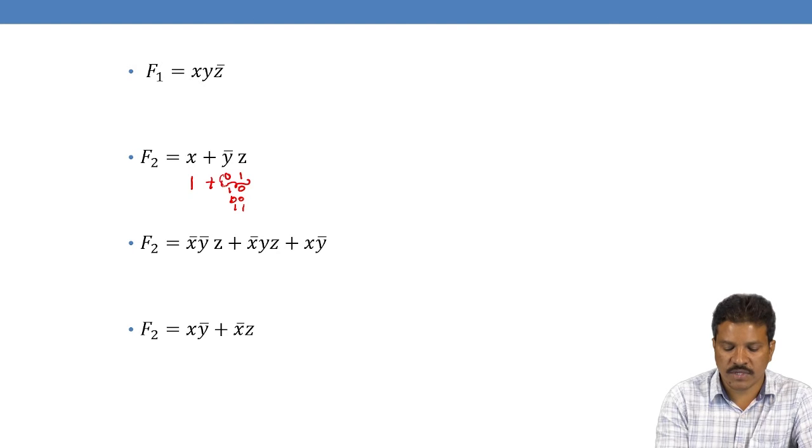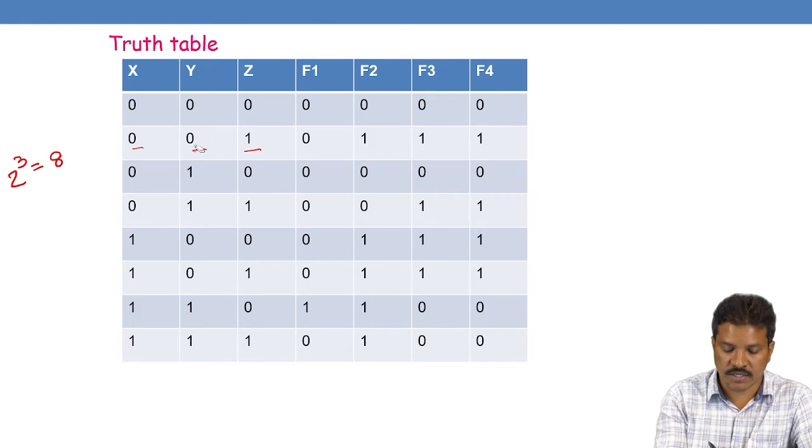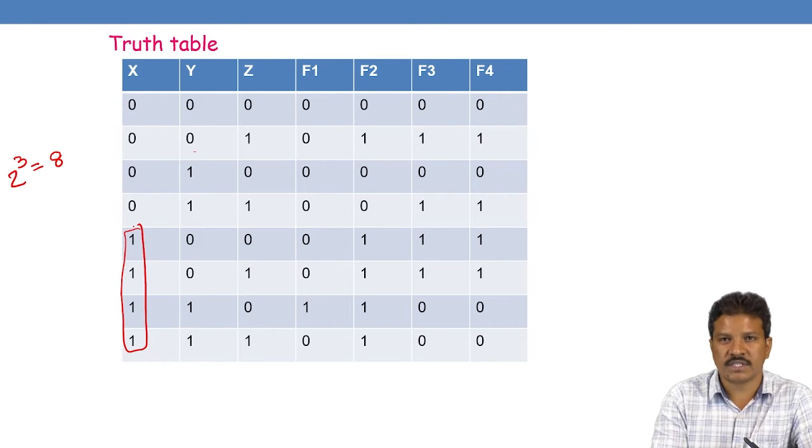So irrespective of y bar and z, if x is equal to 1, then the output is equal to 1. Where is the case for x is equal to 1? The x is equal to 1 in the f2 here, if you see here. So here x is equal to 1. So whatever the combination 0, 0, 0, 1, 1, 0, 1, 1, in all cases f2 is equal to 1.